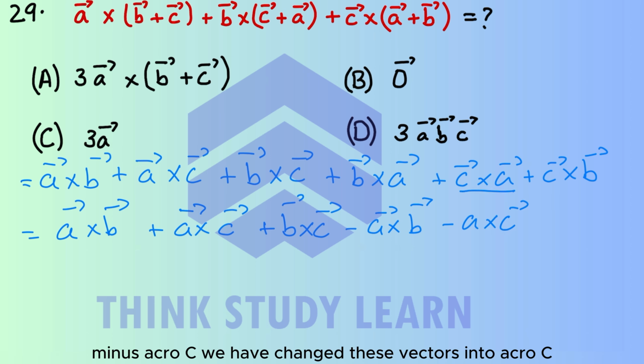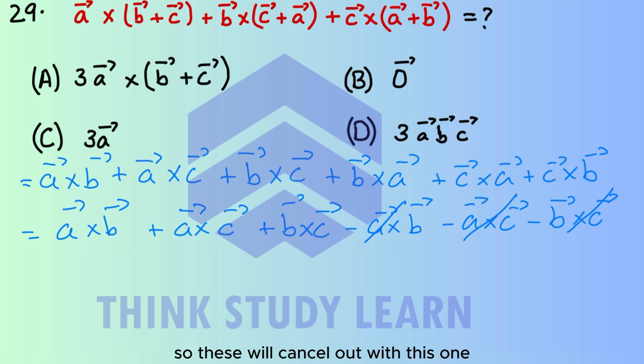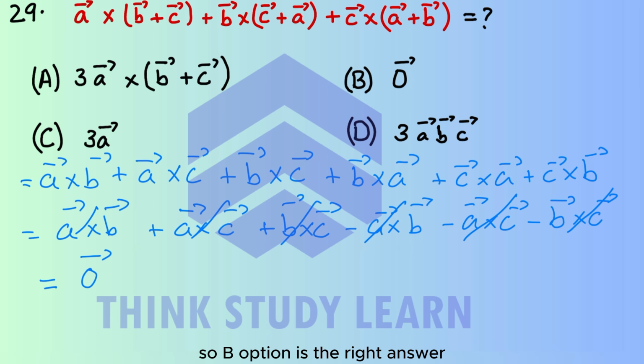We have changed c cross a into a cross c, so we put a negative sign. Similarly with this vector, when we change it, we add a negative sign, minus b cross c. So these will cancel out with these ones, and we will get a zero vector. So B option is the right answer.